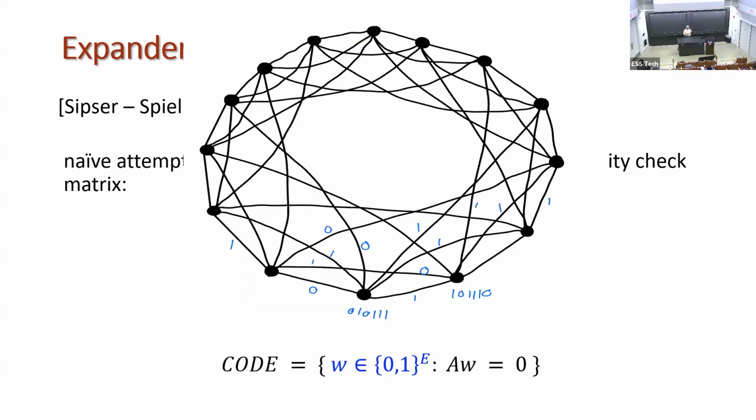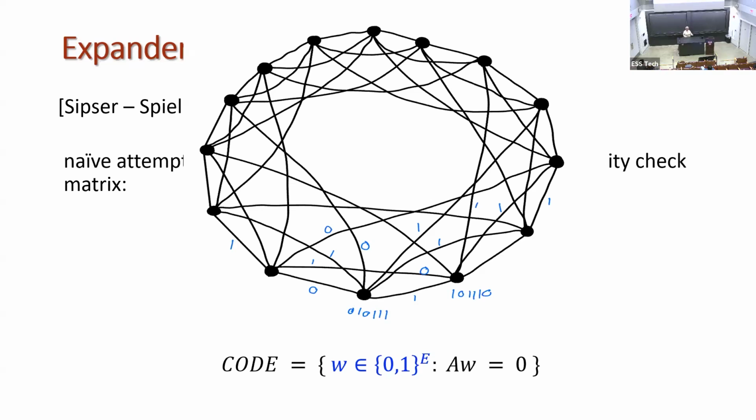So here is a graph, and the potential code words, I think of them as if they are labeling each one of the edges by a 0 or a 1. So think of such a labeling of all the edges. When will this thing be a code word? If for every vertex, if I look at just the edges touching that vertex, their sum, or the number of ones that I see, will be even. Just the sum modulo 2 is 0. That's the definition for this code.